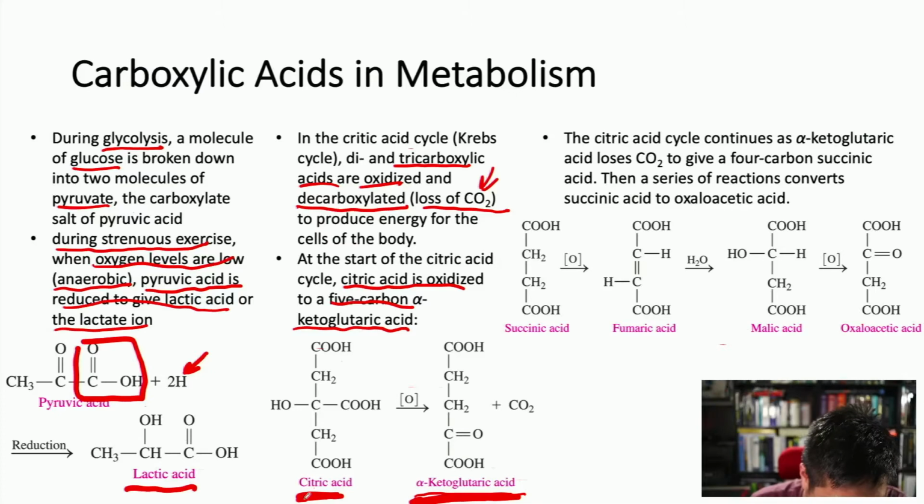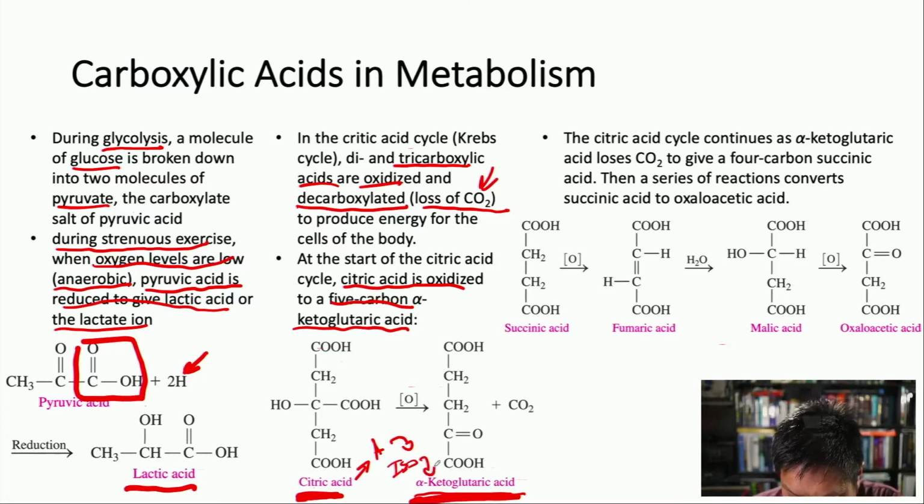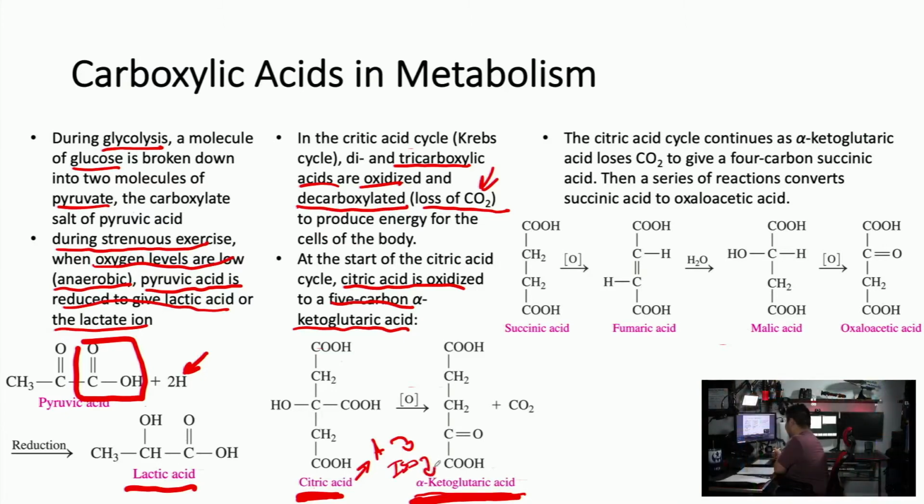One of them is that citrate becomes aconitate first, which you don't really need to know, but I just wanted to mention that. After aconitate, it becomes isocitrate. And after isocitrate, it becomes alpha ketoglutarate, right?